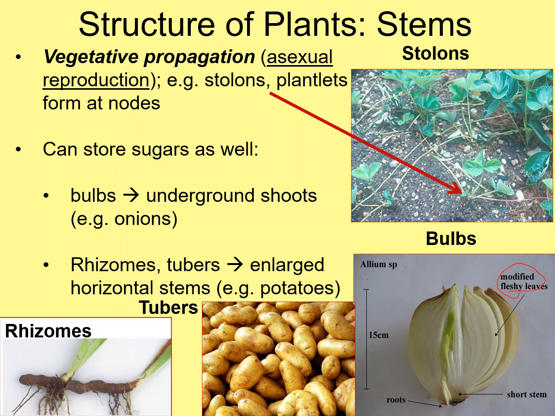Right, so I'm just going to show it right here, I got my little eyes, right? So these are the eyes on your potato. Those are the nodes. So basically a node is just an axillary bud.